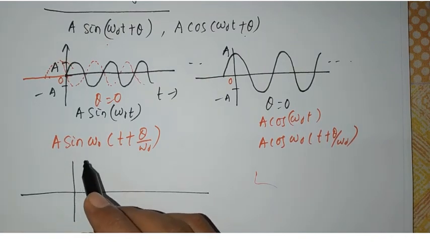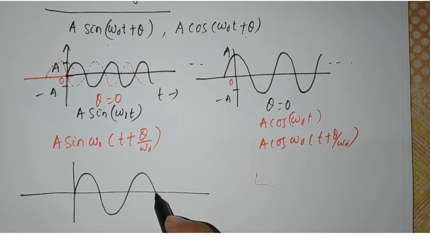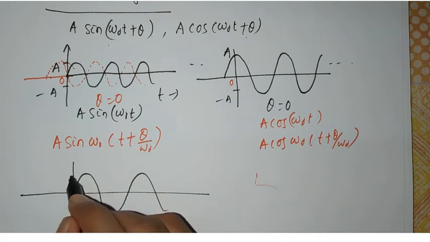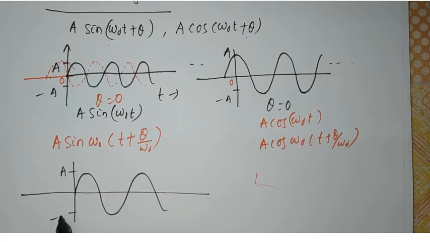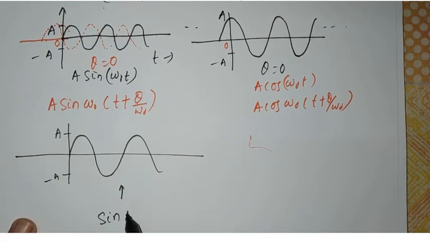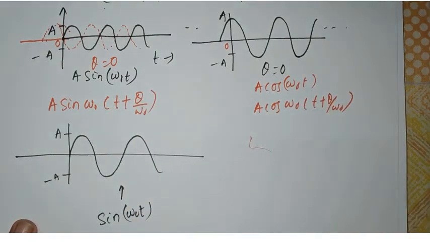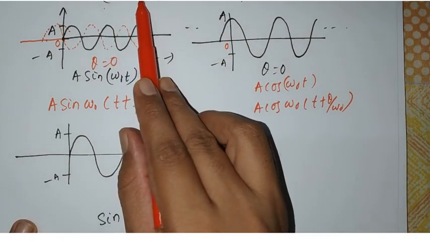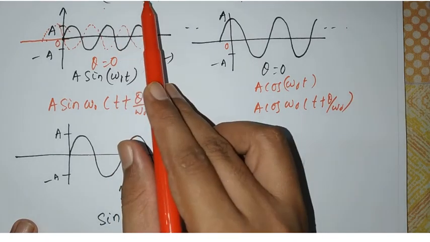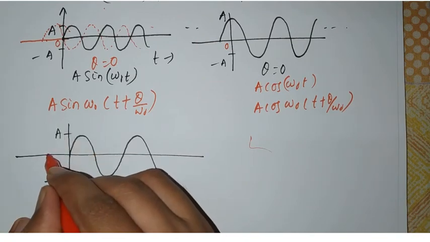See, this is A, minus A, simple. This is sine of omega 0 t. Now if you want to plot sine of omega 0 t plus theta, this depends upon the value of theta, but it will shift a little.